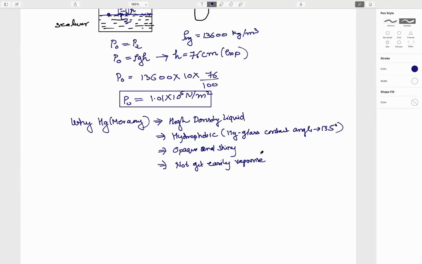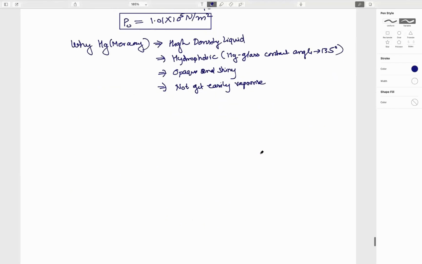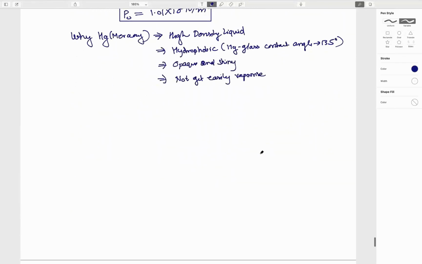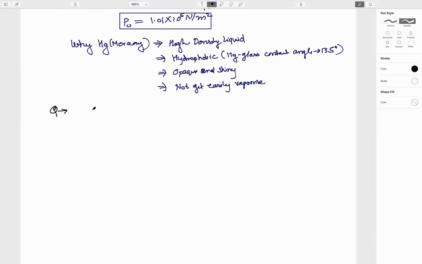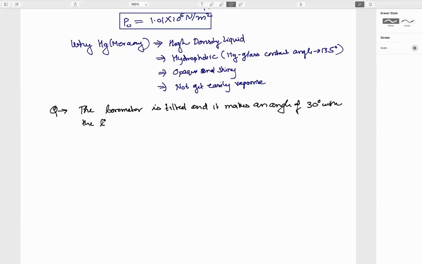So this is about a barometer. Let's take one question. The barometer is tilted and it makes an angle of 30 degrees with the mercury-air interface.